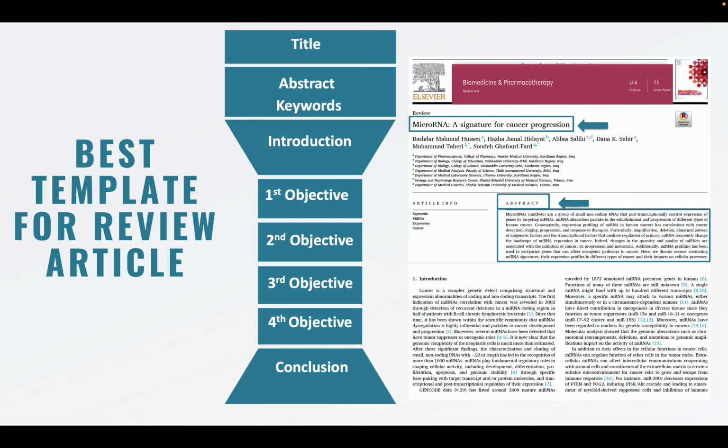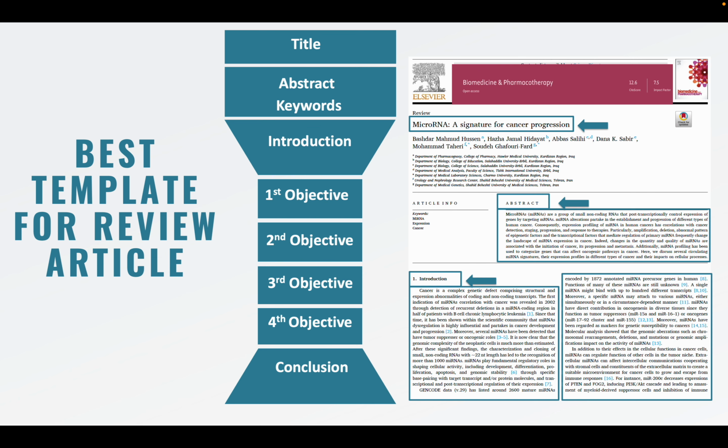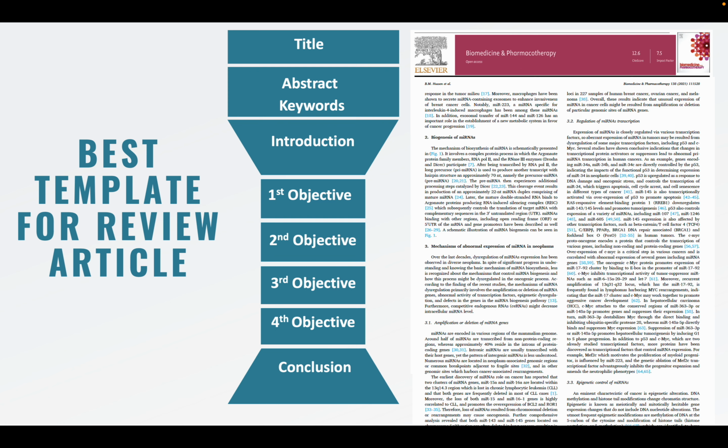But now we want to focus only on the best template, the best elements for writing a typical review article. Then the introduction section also. Look, this is the introduction section for this review article. And the body paragraph, it means our objectives.